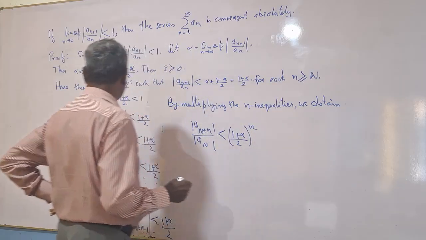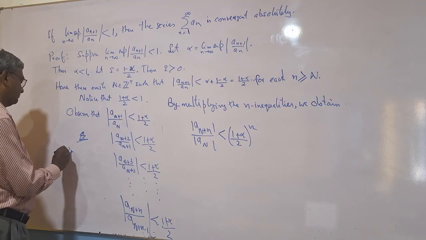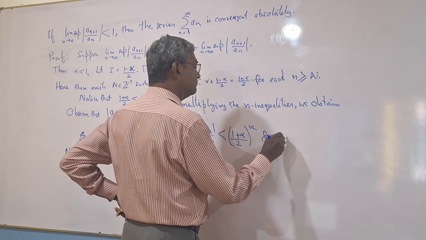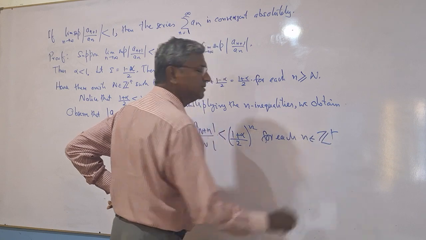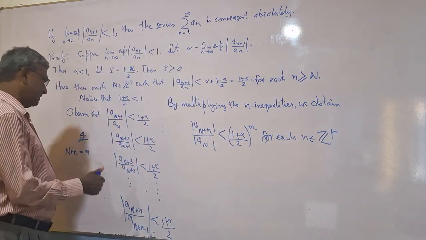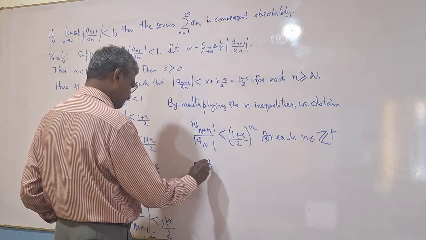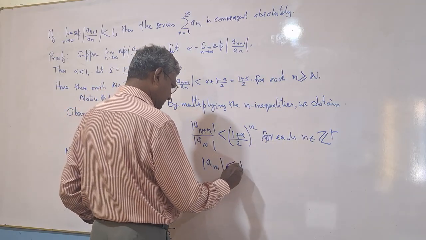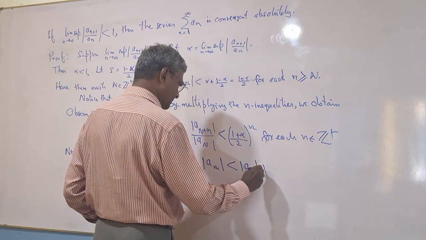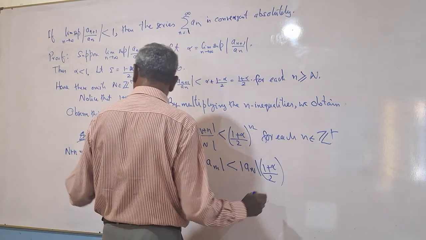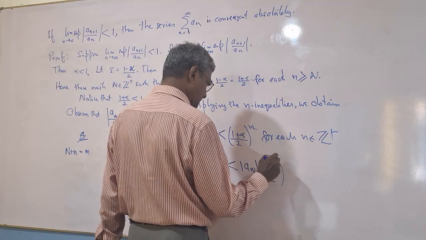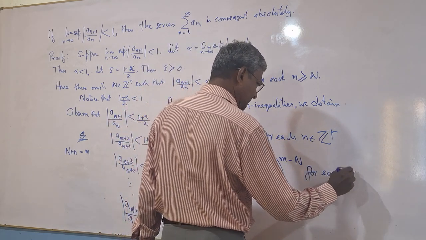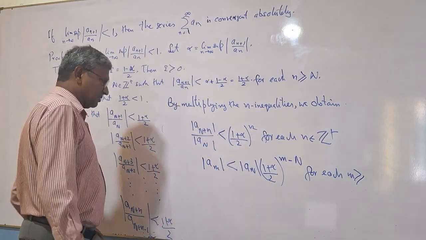Now let us substitute m for N plus n. This is true for each n in the positive integers. Then |a_m| over |a_N| is less than ((1 plus alpha)/2) raised to the power m minus N, and this is true for each m greater than or equal to N plus 1.